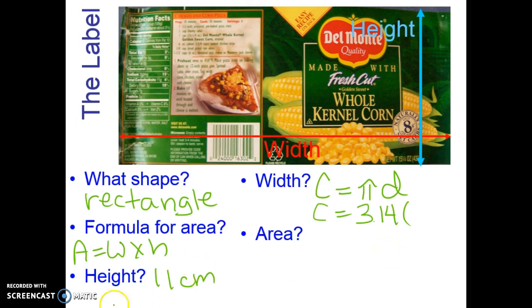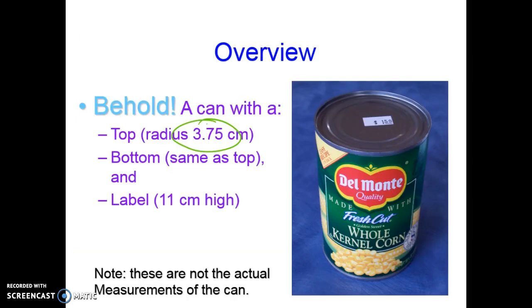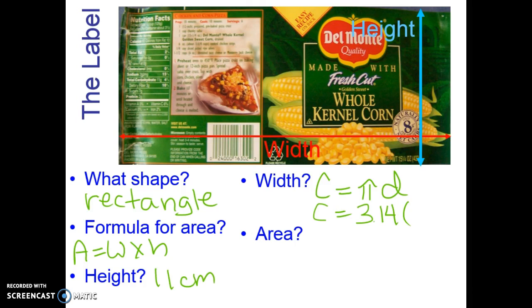They didn't give us the diameter in that problem, did they? Let's go back to the original. They told us what the radius was. Well, that doesn't mean we have to be permanently stuck. If we know the radius, we can calculate the diameter because 2 times the radius is the same thing as the diameter. So we could put 2r right in there.